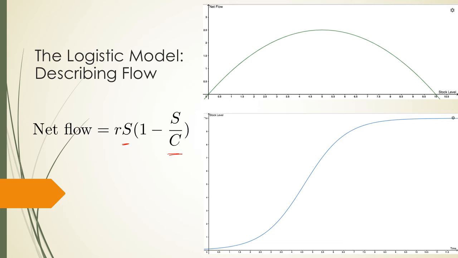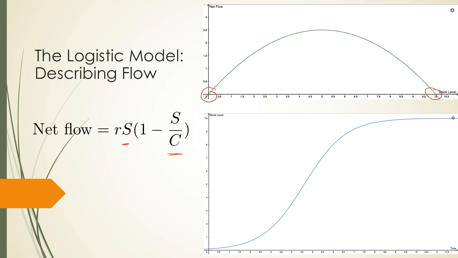In the top graph, this is where the curve crosses the horizontal axis. This is also shown on the bottom graph by the leveling off near 0 and near the carrying capacity.